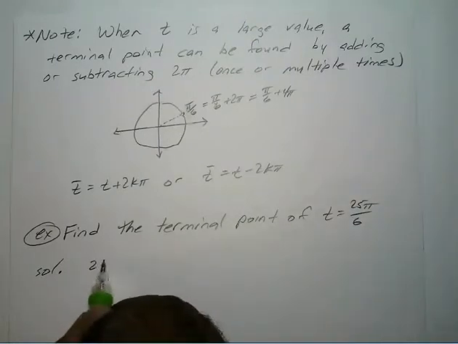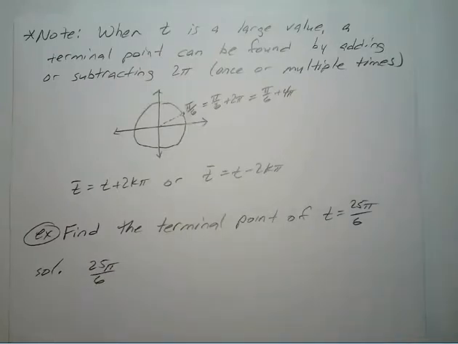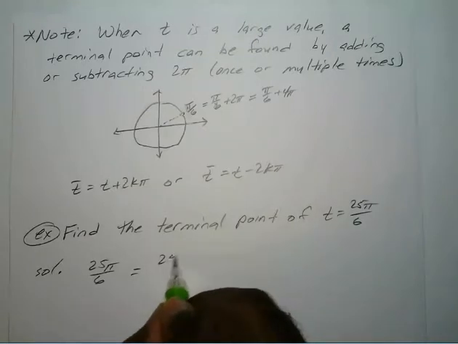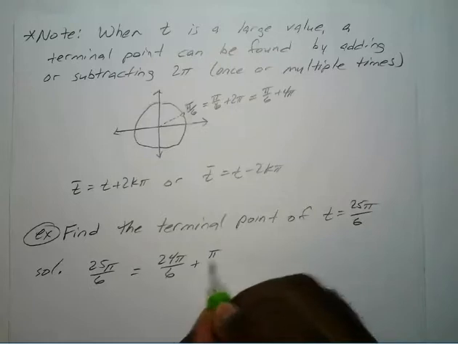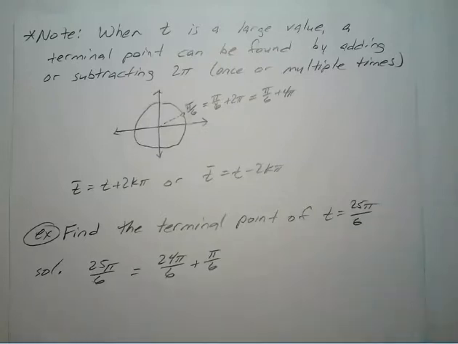Okay, all we do is we subtract multiples of 2 pi. So 25 pi over 6, we're going to spread that out to 24 pi over 6 plus 1 pi over 6. Still 25 pi over 6. So 24 pi over 6 simplifies to just 4 pi.